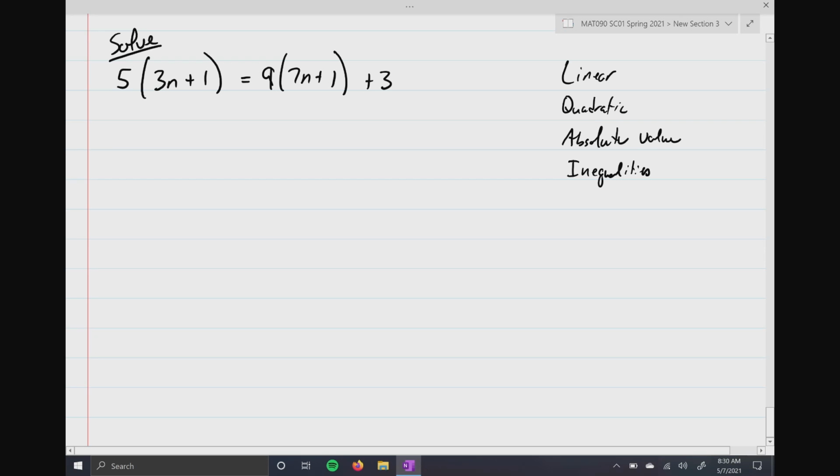These are all the types of problems that we looked at. Depending upon what type of problem you have, linear has certain steps, quadratic has special steps, absolute value problems have special steps, inequalities share the same steps as linear, but also have something special about them. So, what type of problem am I looking at here? Because I think that's the most important part. Once you determine, oh, it's this, then you know what to do.